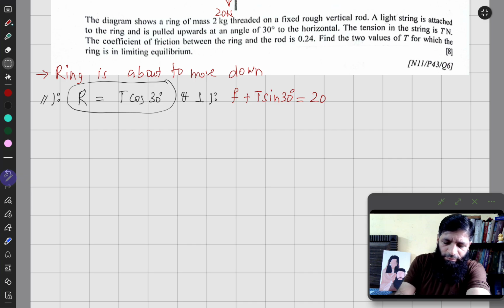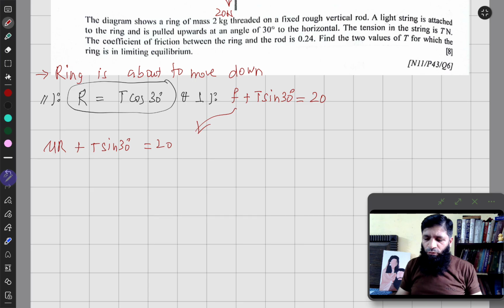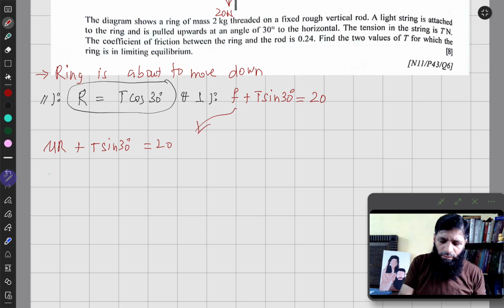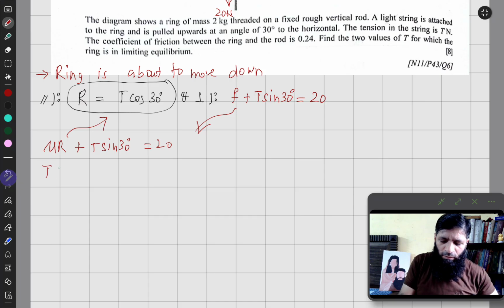So now you will find the value of T using these two equations. And you know that F is basically mu R. This equation will be mu R plus T sin 30 is equal to 20. You know that mu is 0.24 and R is T cos 30. So you will have T times 0.24 cos 30 plus T sin 30 is equal to 20.